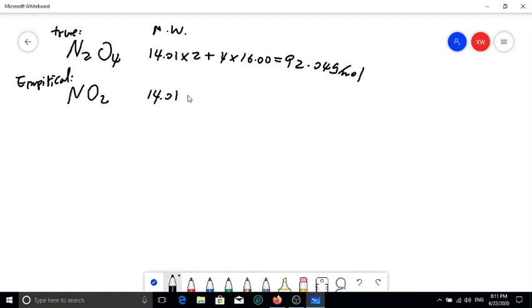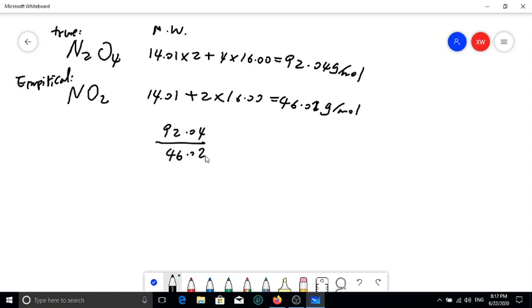That's going to be 1 nitrogen and 2 oxygens, which is 46.01 grams per mole. So it's not hard to imagine that since in this case the true formula is twice the empirical formula, the molecular weight of the true formula over the molecular weight of the empirical formula is going to be 2 to 1. So there's always going to be a whole number ratio between the two molecular weights, one the true molecular weight and one the empirical formula molecular weight.